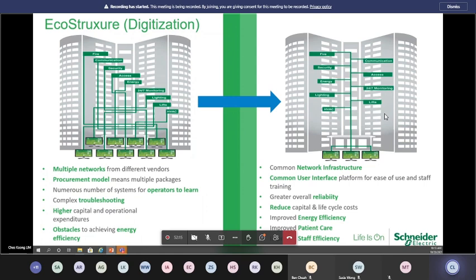So you can see it's a long way from the past until now. Even today, if you have old hospitals and you can bring them to the architecture on your right hand side, you have made a big breakthrough in terms of digitization. If you are able to do that, you are maximizing your resources, minimizing your maintenance cost, and at the same time gaining slightly better control of what you are monitoring.